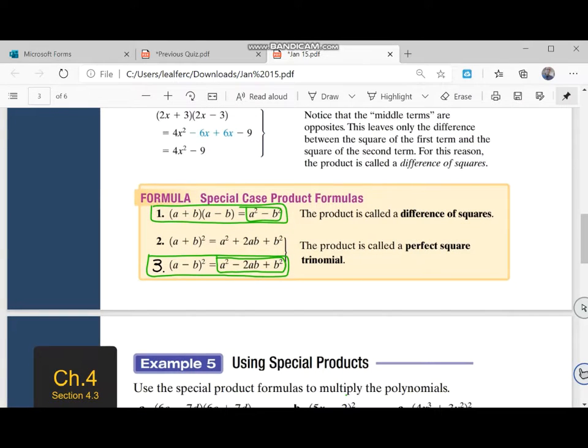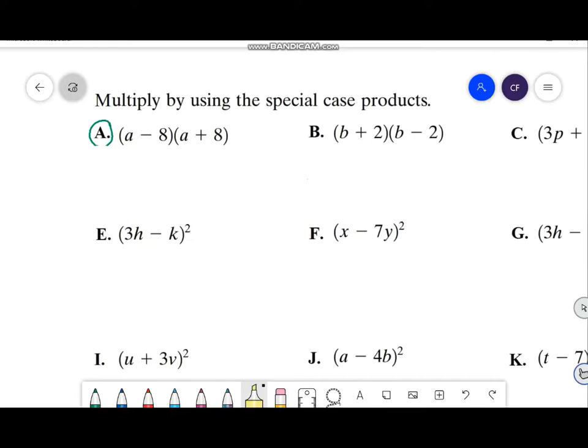A plus b times a minus b equals a squared minus b squared. So go back to the quiz. A squared. That's the a of the formula, right? And the a is equal to a. This is a coincidence. A squared. And the b is equal to 8 here, minus 64. That's the answer. Final. Simple.